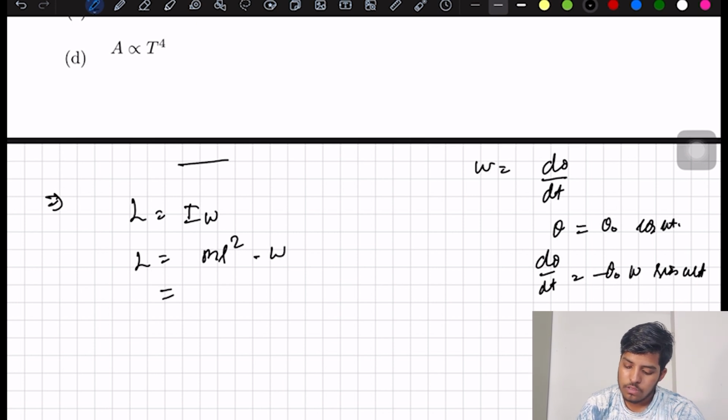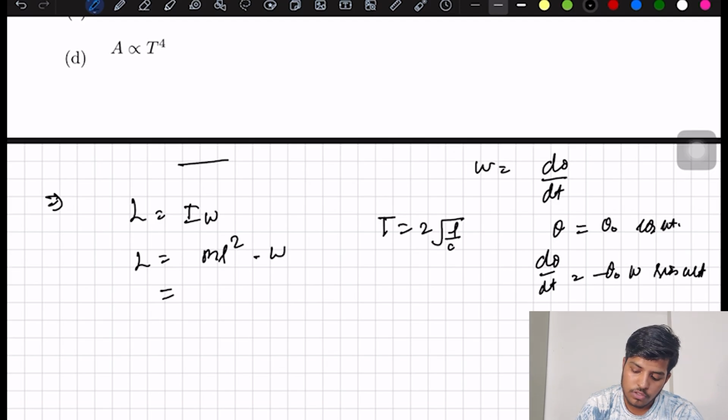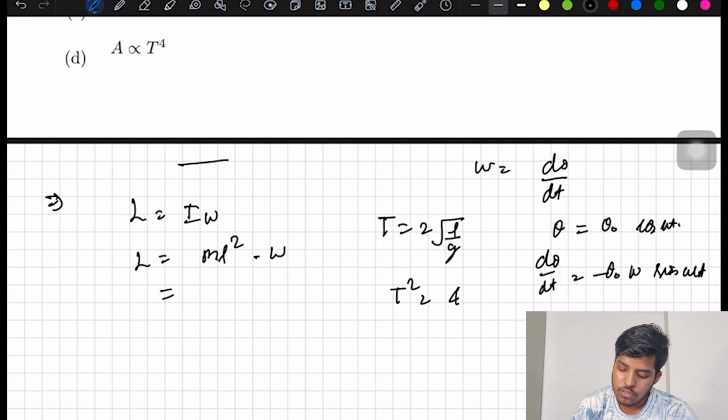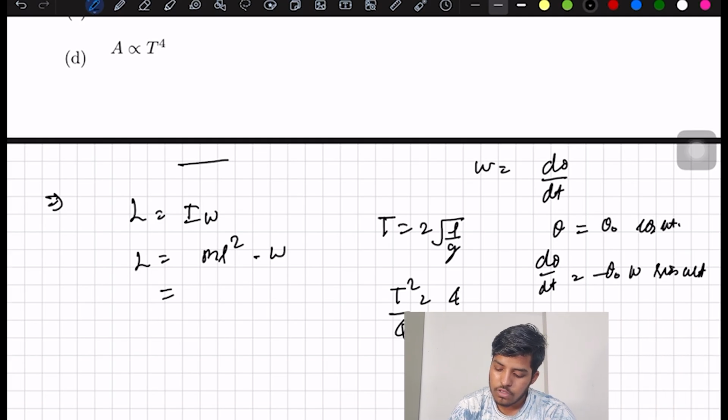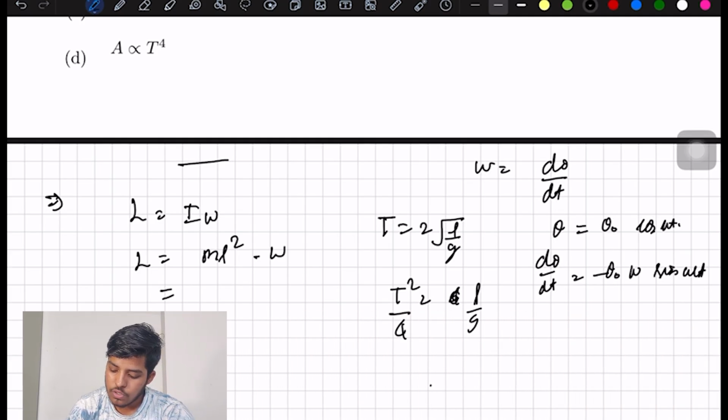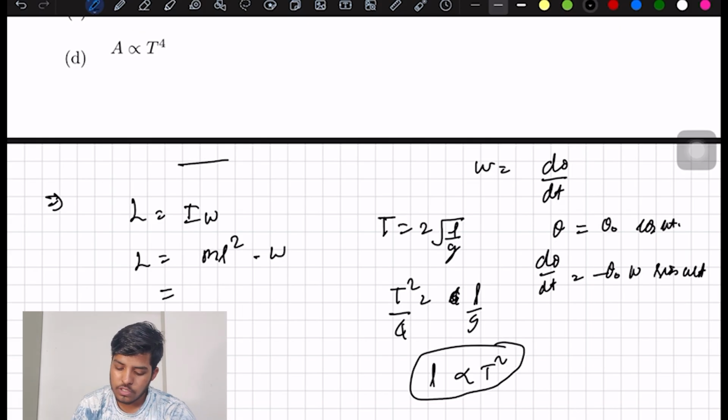Now the time period of the pendulum equals 2 pi under root L upon g, right? So squaring it, T square upon 4 pi square equals L upon g. So L is proportional to T square. So angular momentum equals m into T to the power 4 as L square, so T to the power 4 into omega.